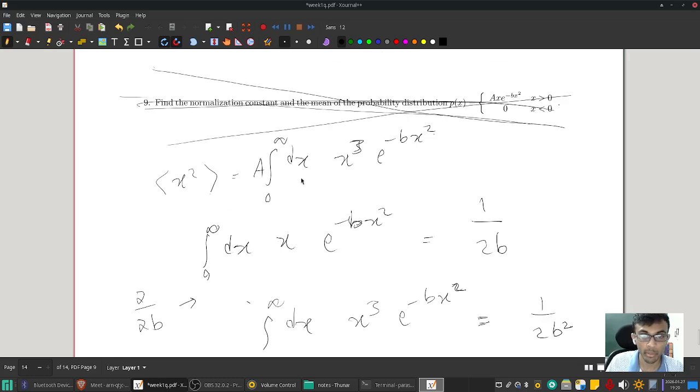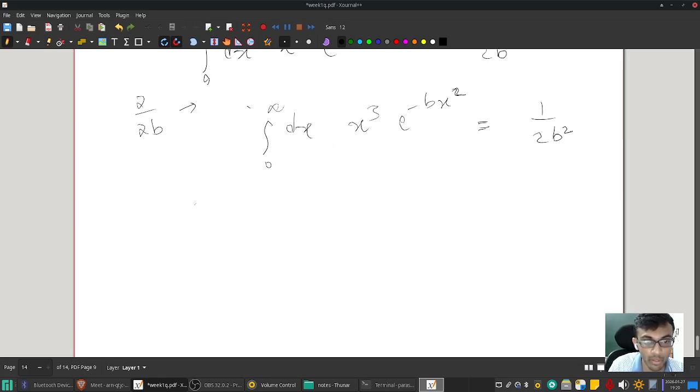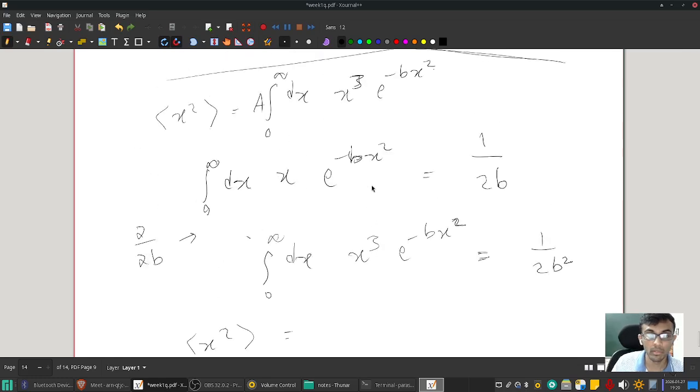All right. So, okay, let me just remove this. So what we want is expectation value of x square. So expectation value of x square is a times this integral.